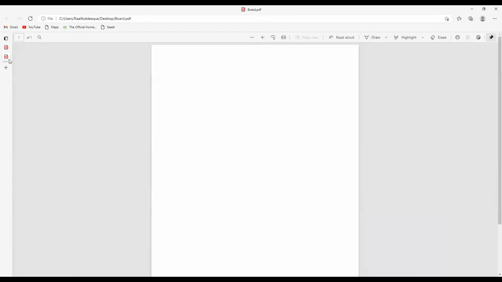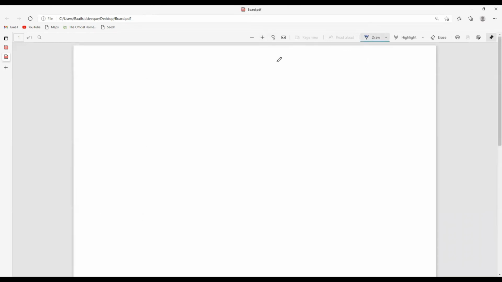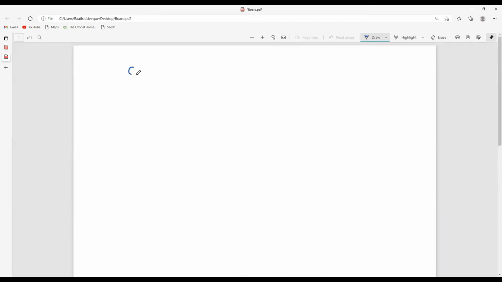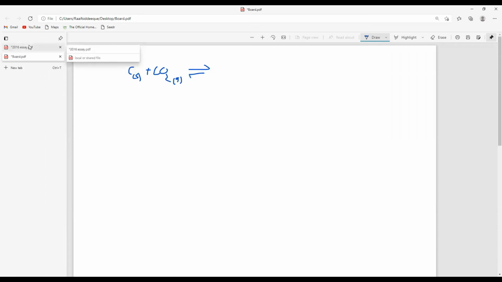So we have the reaction that they have given: carbon solid plus CO2 gas is in equilibrium, giving 2CO gas.